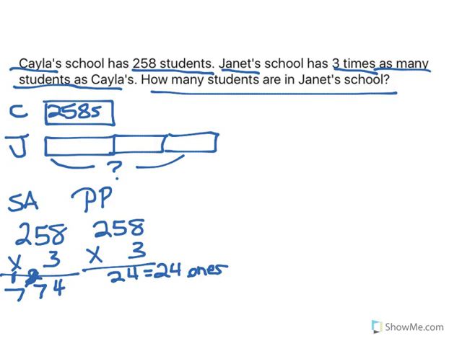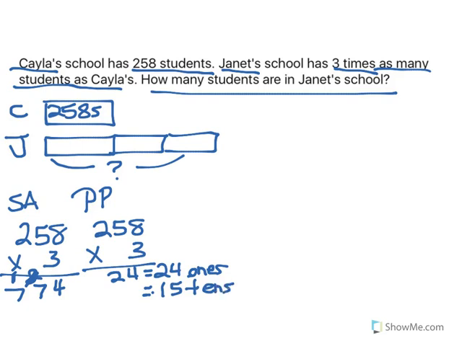The next thing I do is 5 tens times 3. 5 tens times 3 is 15 tens.